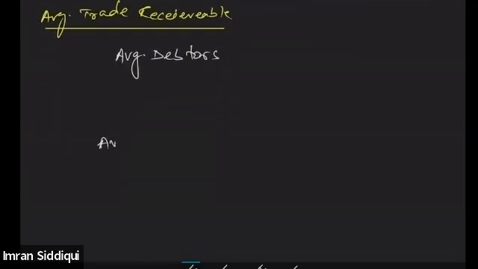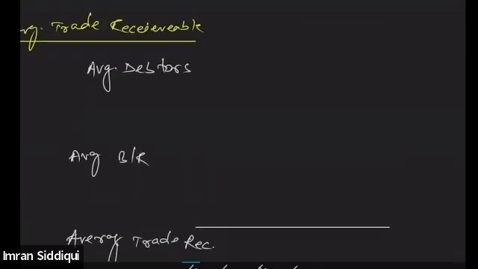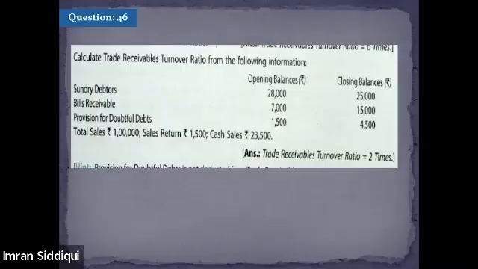Also find out average bills receivable, and whatever averages we get, we'll just add them and find out average trade receivables. All right, so first of all, let's find out average sundry debtor.